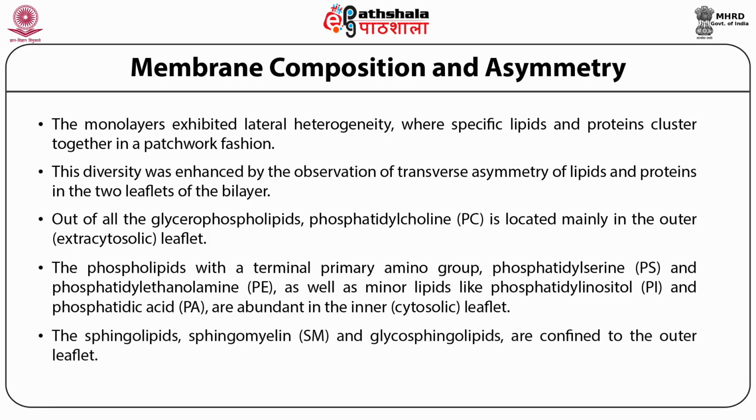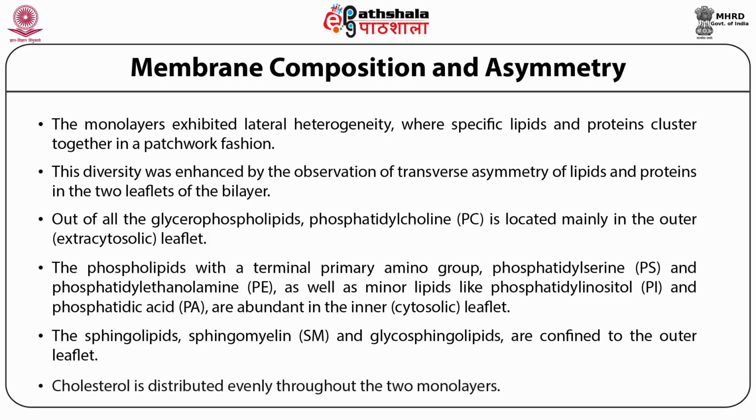Similarly, sphingolipids, sphingomyelin and glycosphingolipids are confined to the outer leaflet. So some lipids are located exclusively on the outer leaflet and others exclusively on the inner side. Therefore, they make the membrane asymmetric.